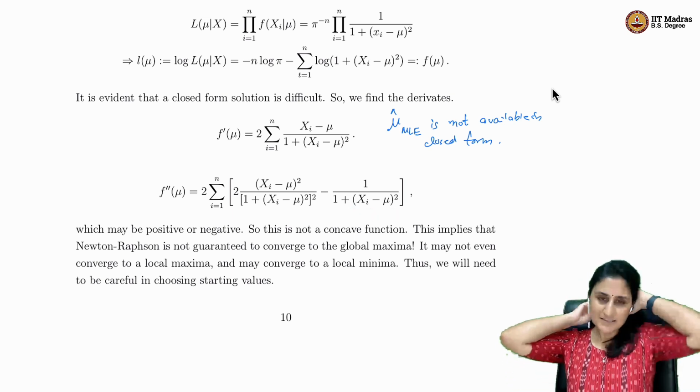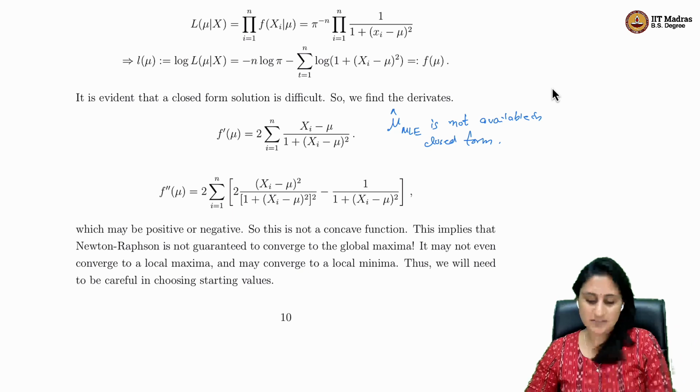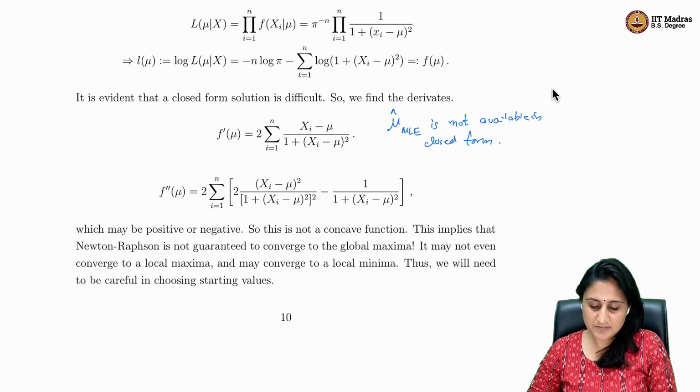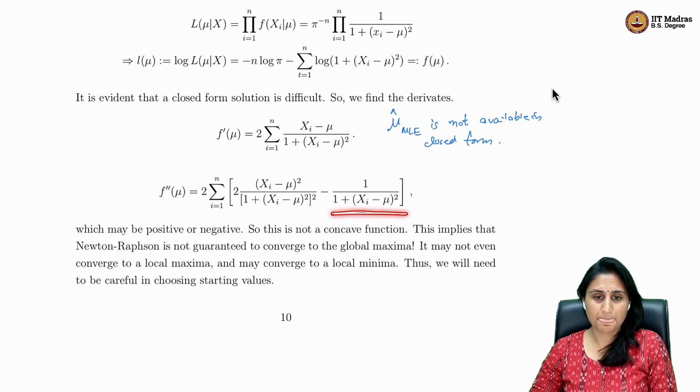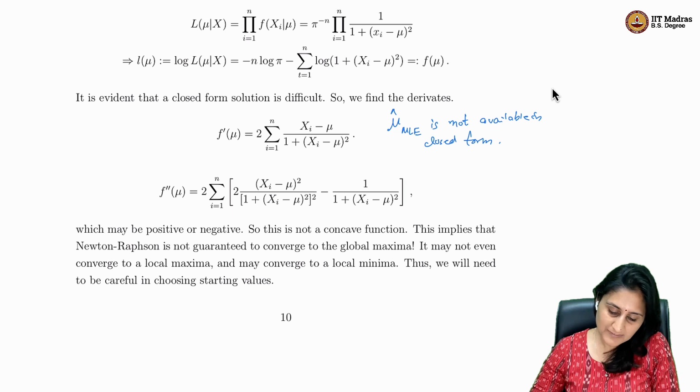This is interesting because this term is positive, minus some term over here. It is possible for certain values of xi and mu for this expression to be either greater than or less than the first expression.